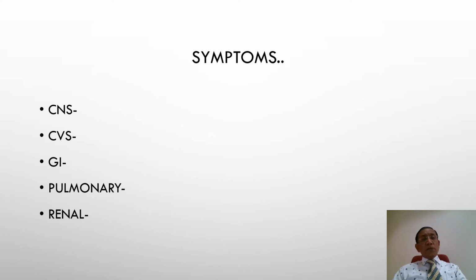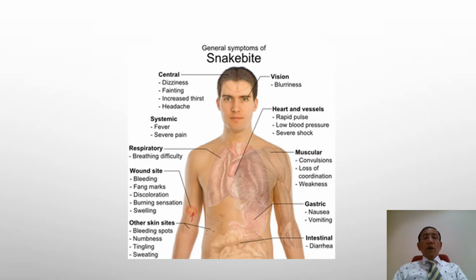Symptoms can be divided as per the system, like CNS, CVS, gastrointestinal and pulmonary system. In the central nervous system, you can get fainting, increased thirst or headache. Then systemic, one can get fever, severe pain in the abdomen, and severe body ache also. The child can have breathing difficulties.